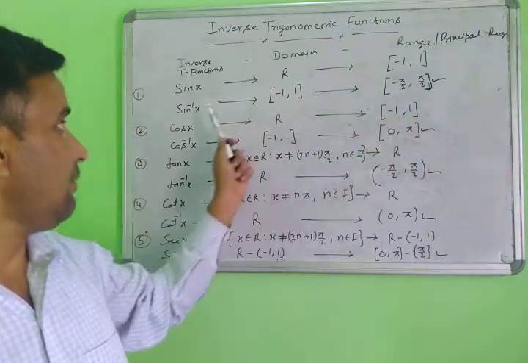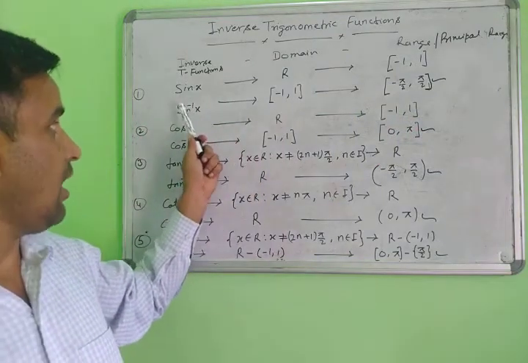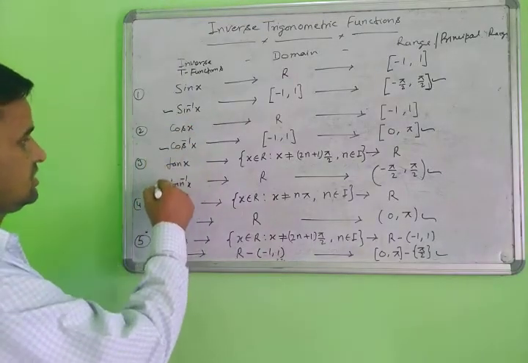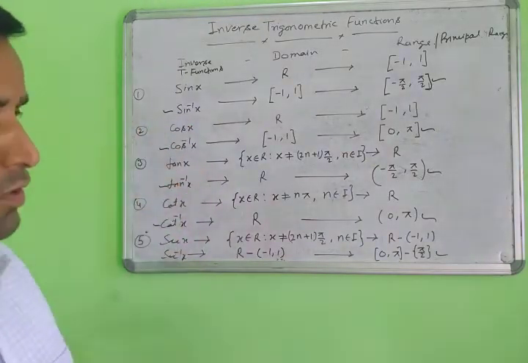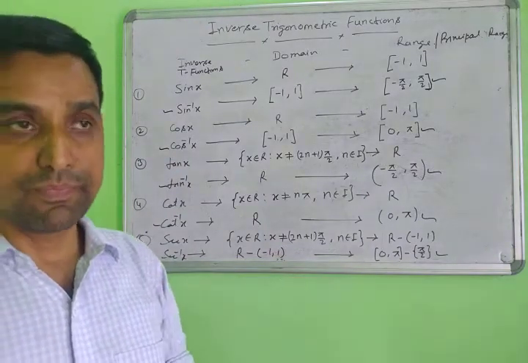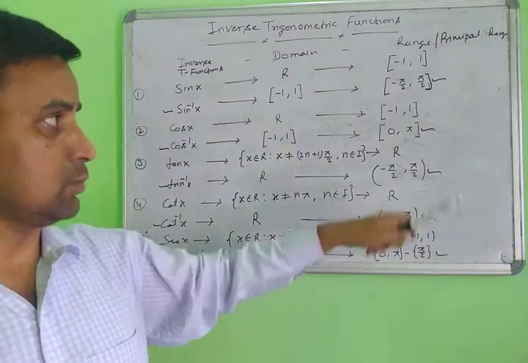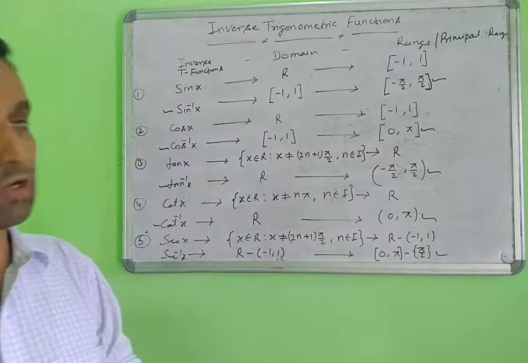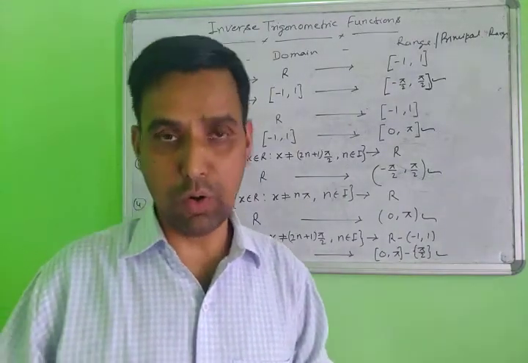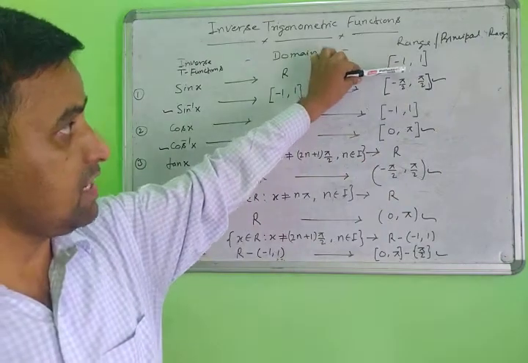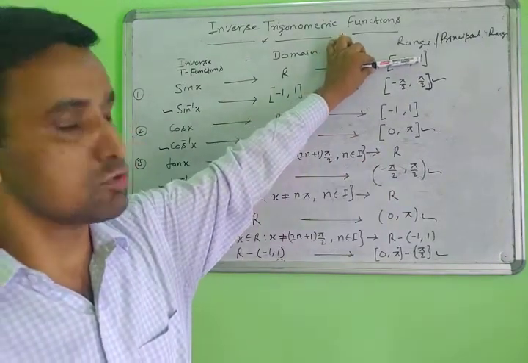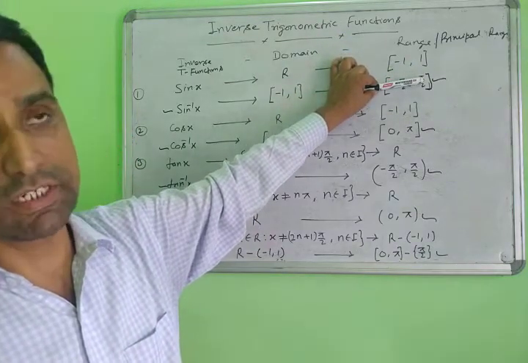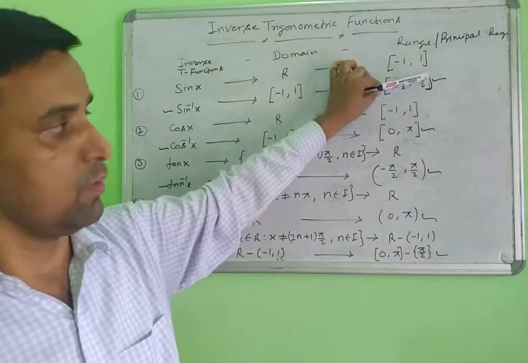It means every inverse trigonometric function follows the rule of one-one and onto, that is, bijective. But the simple trigonometric ratios sin x, cos x, tan x, sec x, cot x do not follow the bijective rules. That is the main difference: simple sin x is not bijective, but the principal value branch is, because it is one-one and onto.